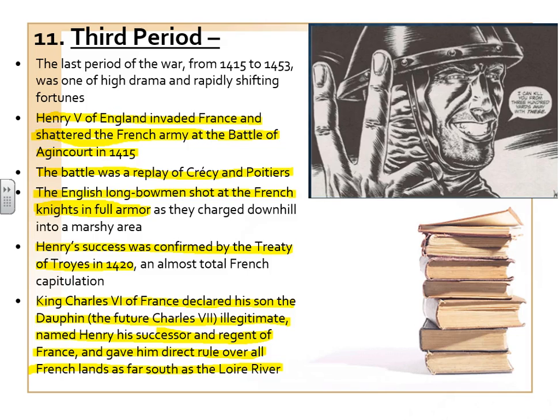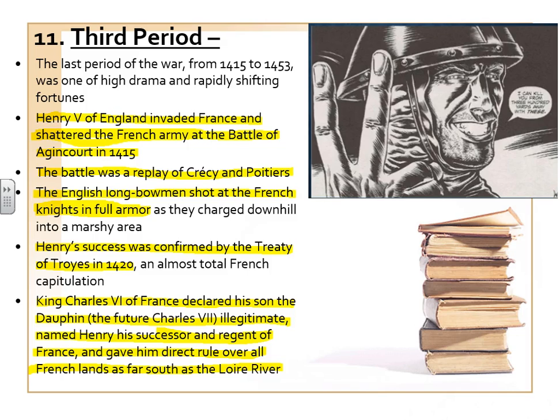There were other defeats that the French had suffered, and so what we see is a treaty that Henry V really gets a lot of good terms out of. The French king at this time is Charles VI. According to this Treaty of Troyes, his son, who is the Dauphin, that's a French term for the prince or heir to the throne, who will later become Charles VII, is illegitimate, that he is not the rightful heir, okay?